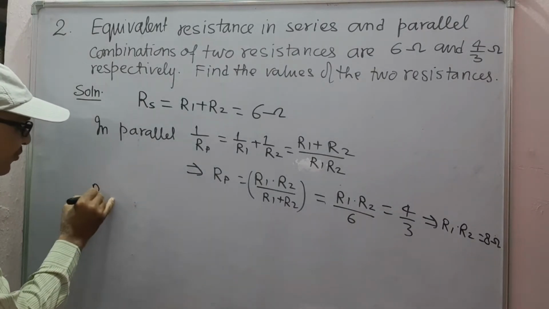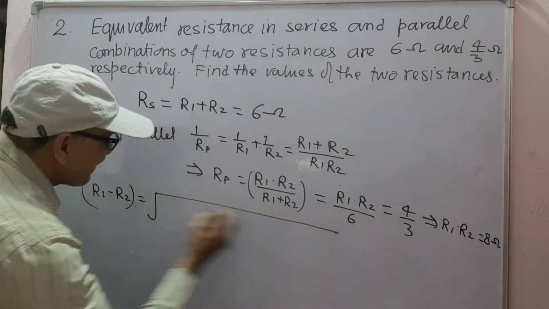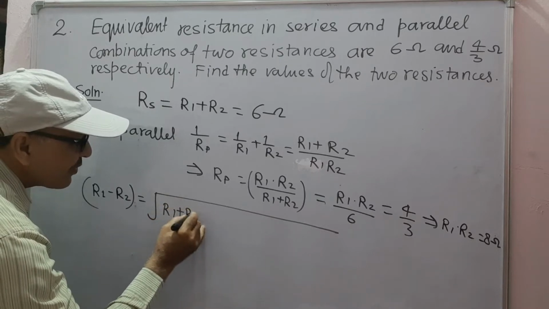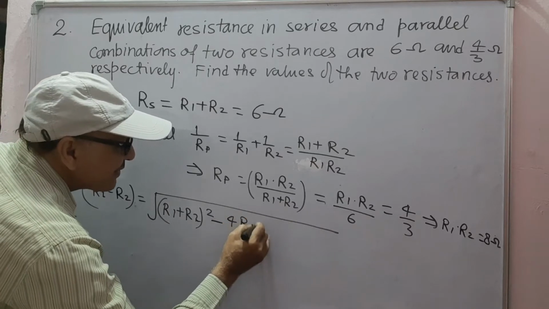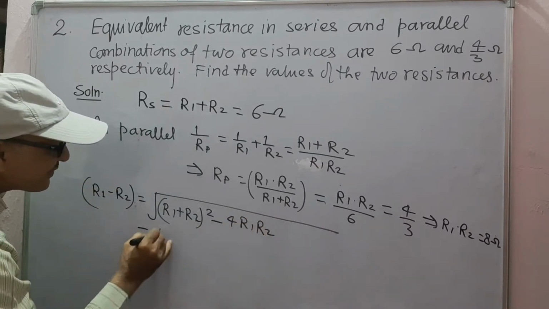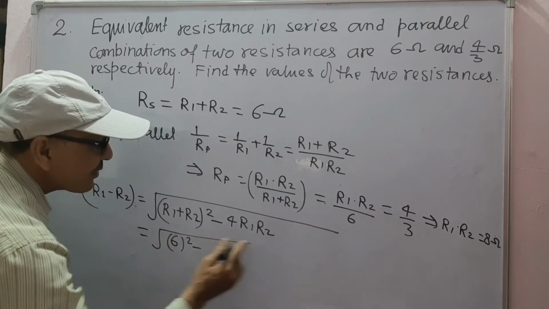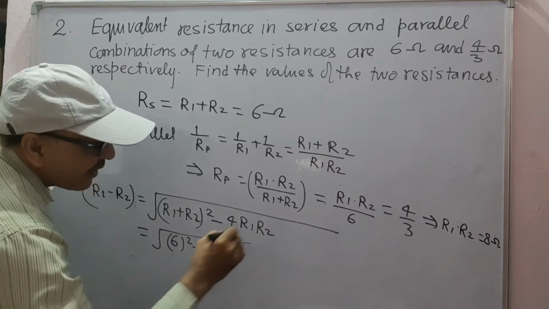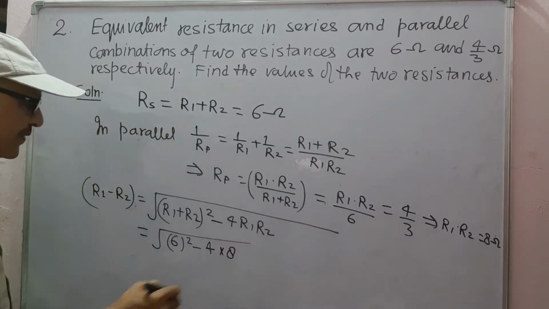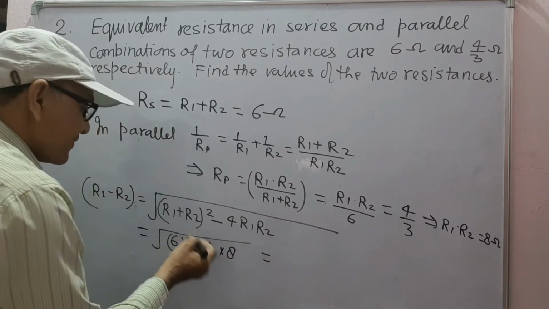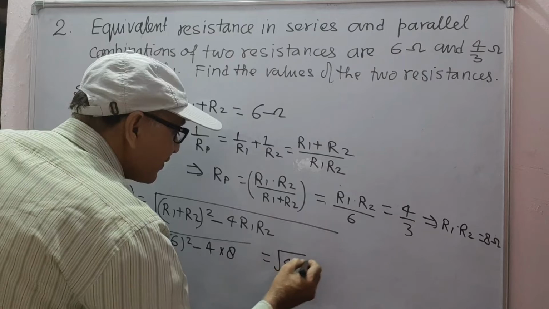Now R1 minus R2 will be equal to the square root of R1 plus R2 whole square minus 4 R1 R2. Therefore 6 square minus 4 R1 R2, means 8 into 8. This is 36 minus 32, under root 4, which is 2.